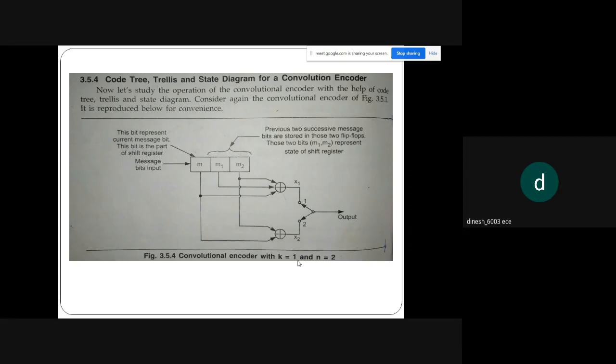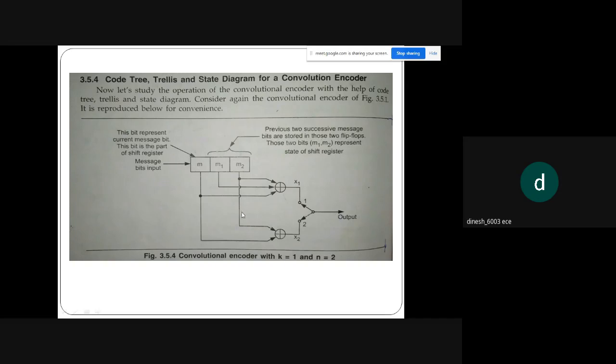X2 is in terms of M and M2, so we can find X2 of P in the transform domain or X2 of i in the time domain. Then we have the regular output, as the same, given to the output.